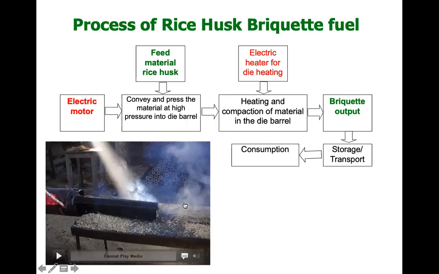So it is indigenous but very smart technology. Then briquette output, storage and transport. Briquette you can store for a longer time, and transport is also easy, and then consumption. So this is the processing of rice husk briquetting.